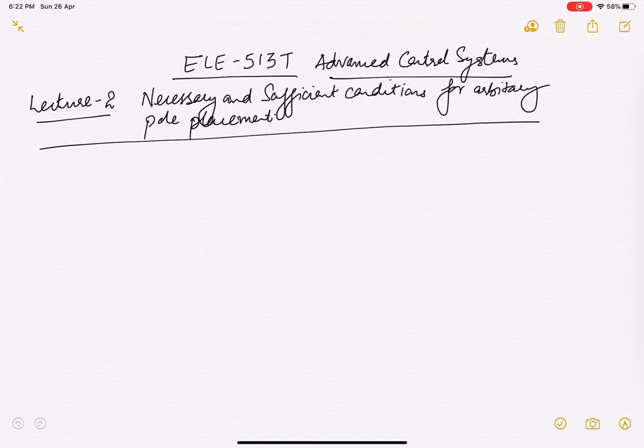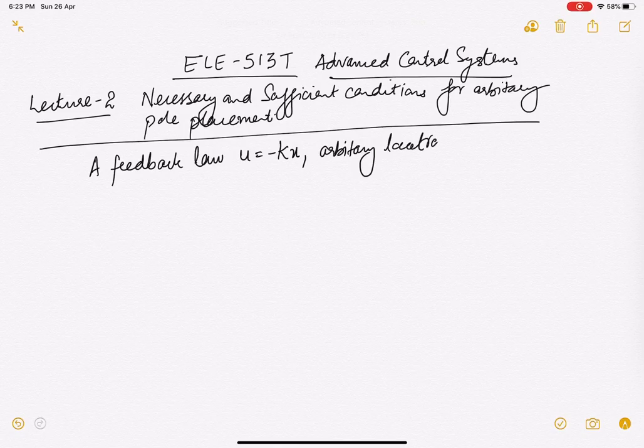In the last lecture, we saw that a feedback law u is equal to minus kx helped us in putting the closed loop poles of the system at arbitrary locations. So the locations were in our control. Why?